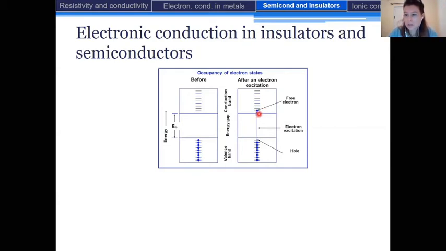So it results in a free electron that can contribute to the electronic conduction, and it creates a hole, which is a vacancy in the valence band.